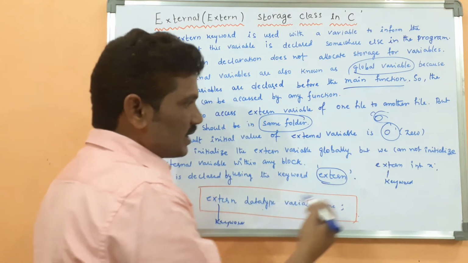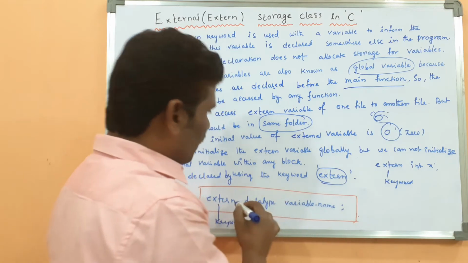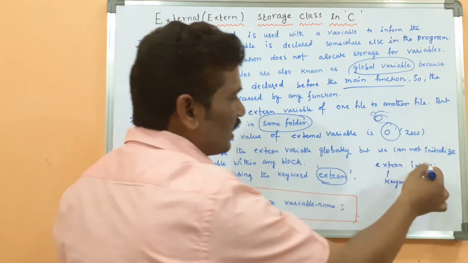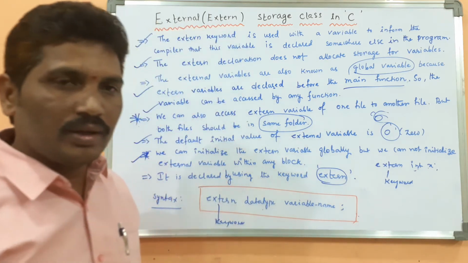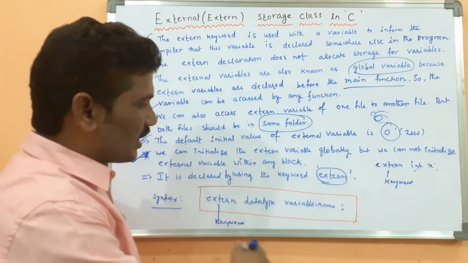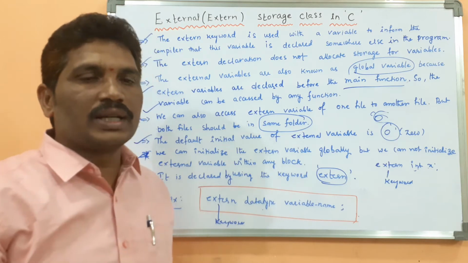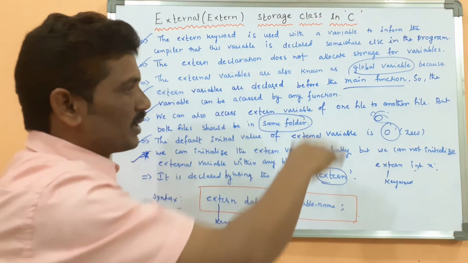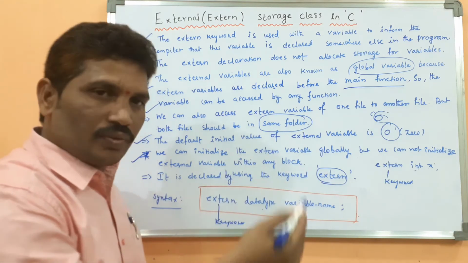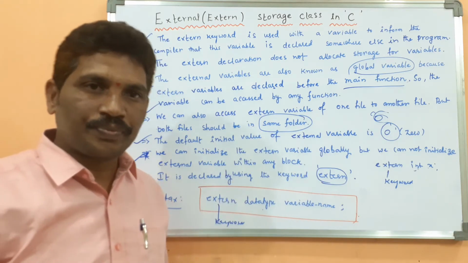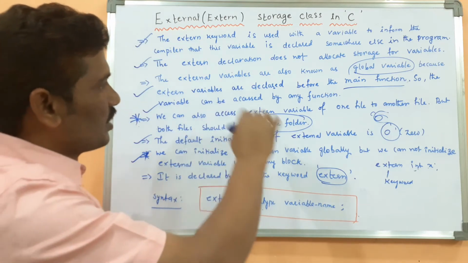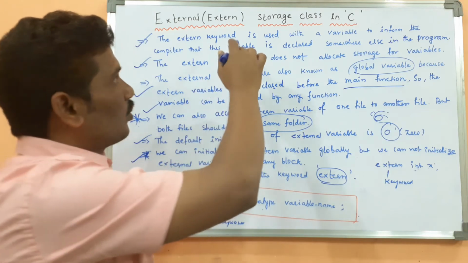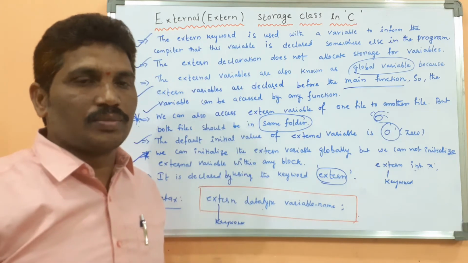Here also, as per that syntax, I wrote a simple example: extern is the keyword, int is a data type, then x is a variable name. This is the syntax for external variable declaration in C programming. Please remember these statements. After that I will go for the example. Hope it is clear, because you have to remember each and every statement about the external storage class in C programming.